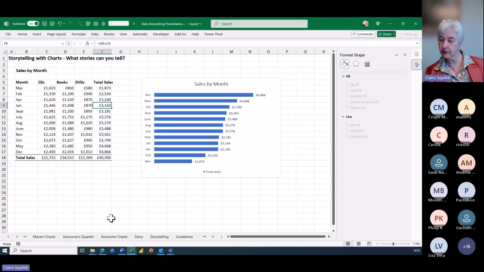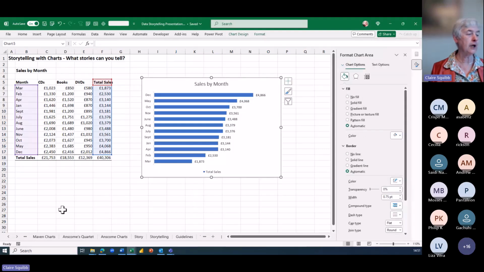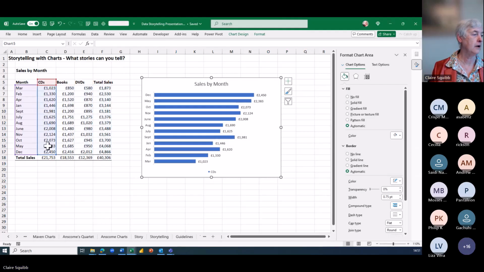How did I move across to select the total sales? So when you click on the chart, it shows you which elements have been selected. I actually started out with the CDs and the DVDs.